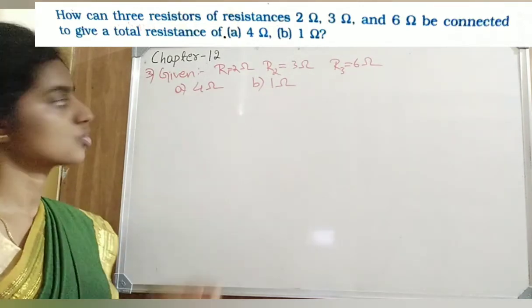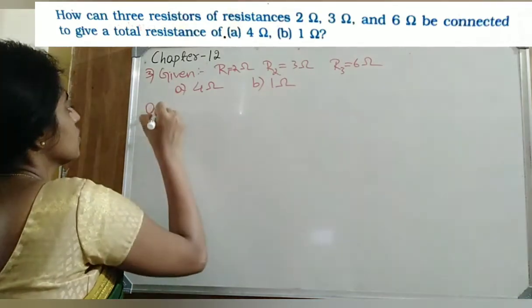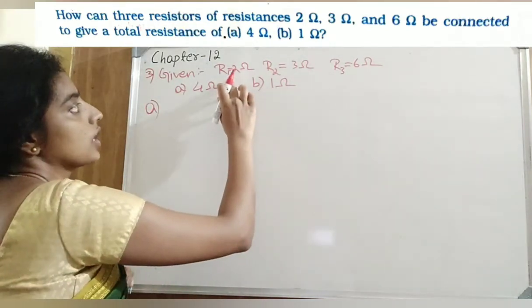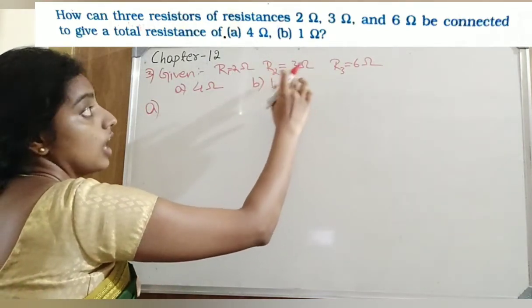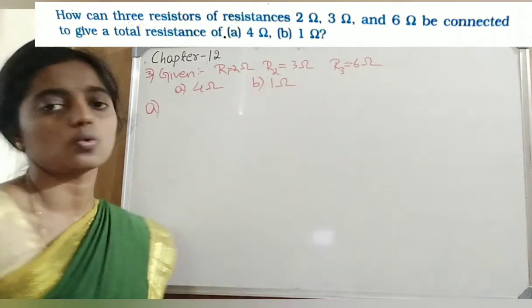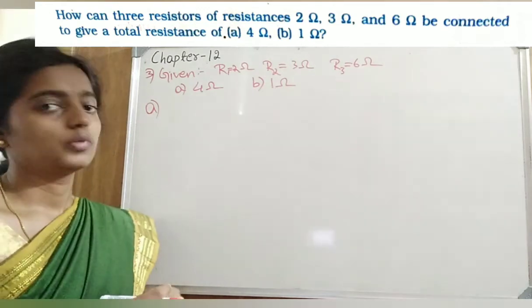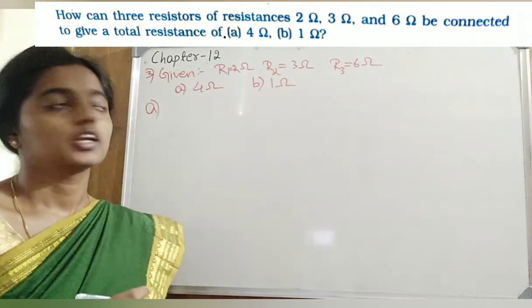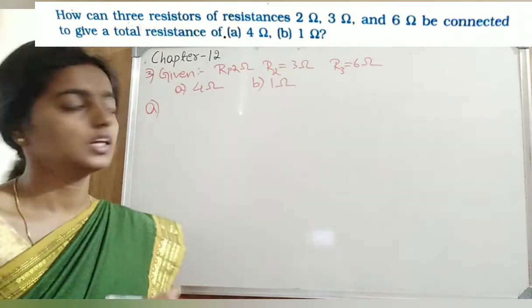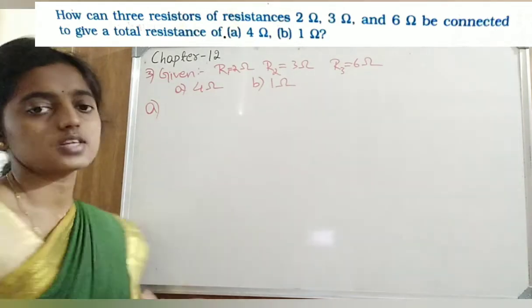First let us solve A. So observe we have R1 as 2 ohm, R2 is 3 ohm and R3 is 6 ohm. So this is something like a trial and error type problem. First we need to see which resistors, if we connect in series or parallel, we will get 4 ohm as an answer.